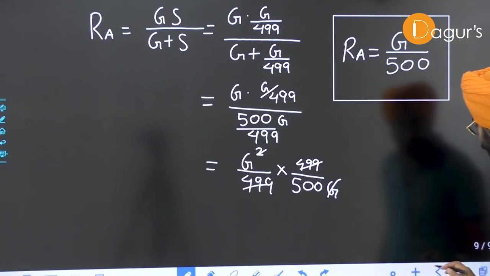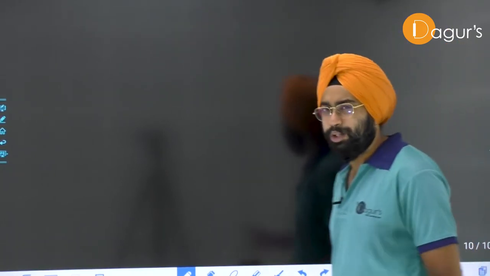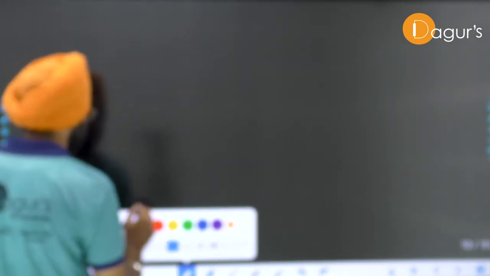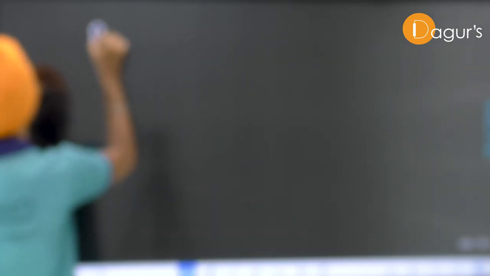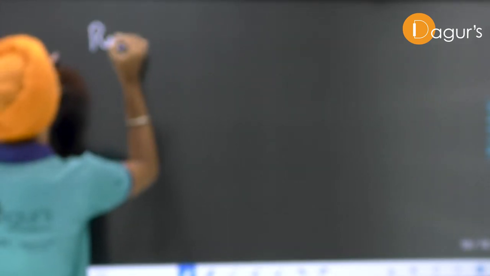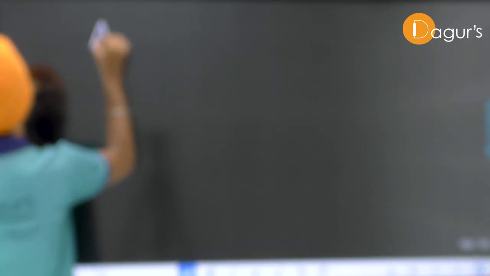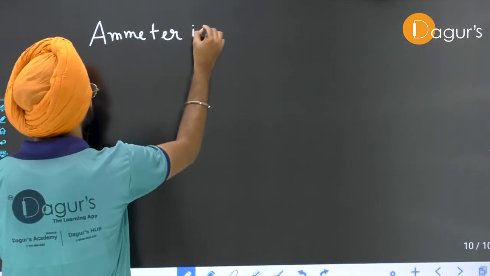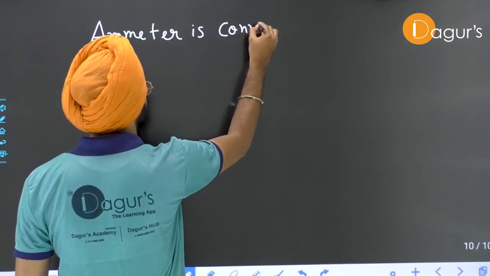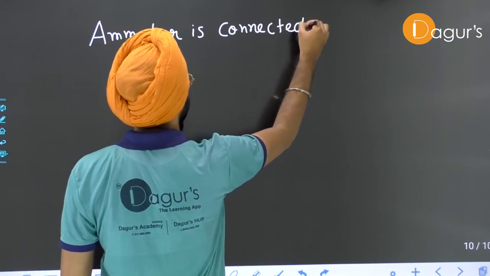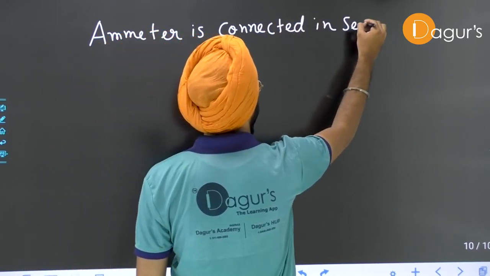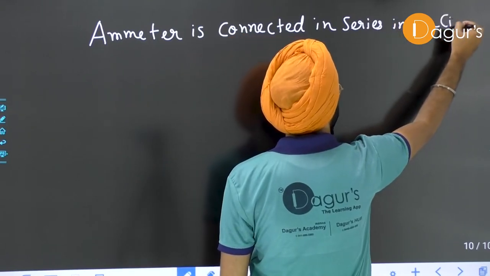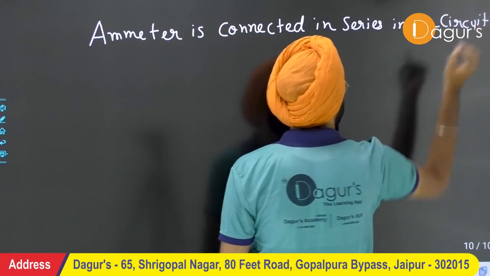Okay. Now there are two important points. Always remember that the ammeter is connected in series in the circuit.